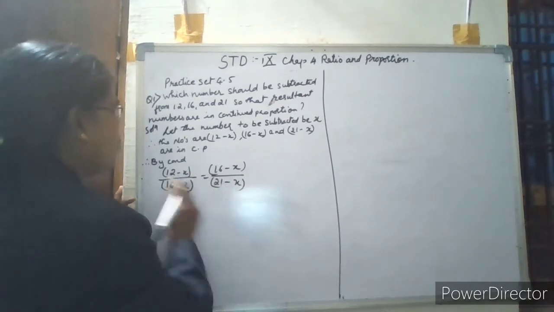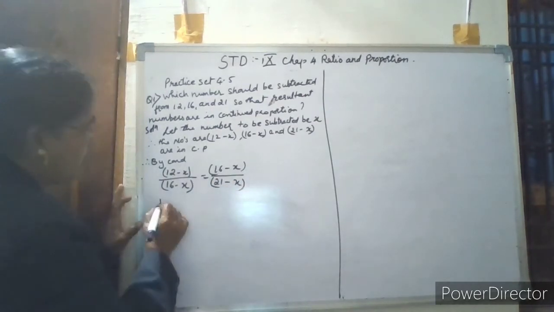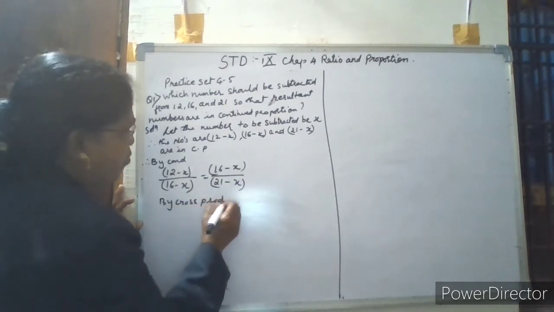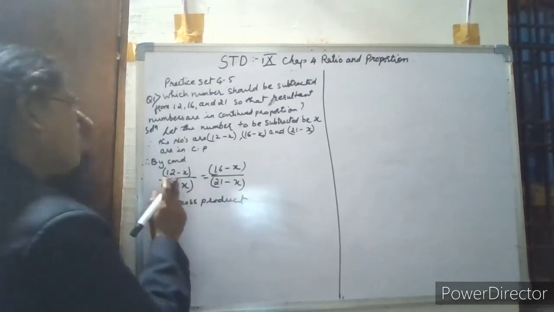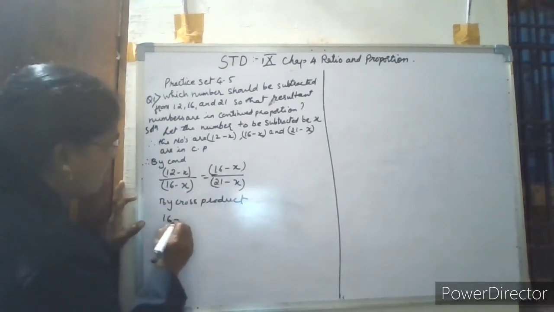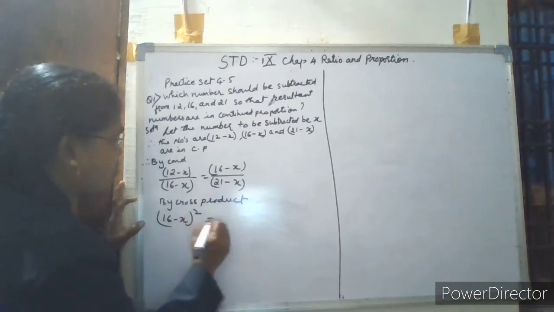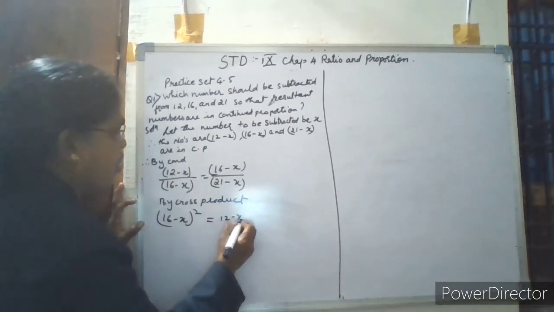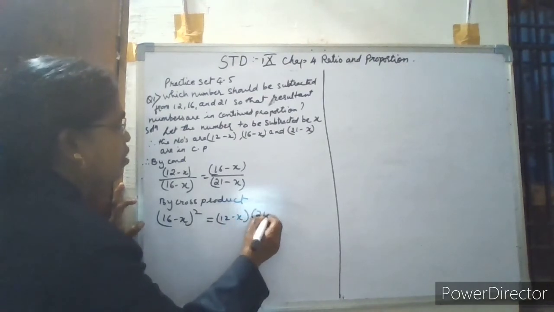So this we can solve by cross product. By cross product, the square of the mean proportion 16 minus x is equal to 12 minus x into 21 minus x.